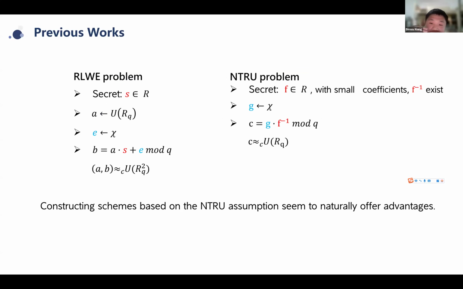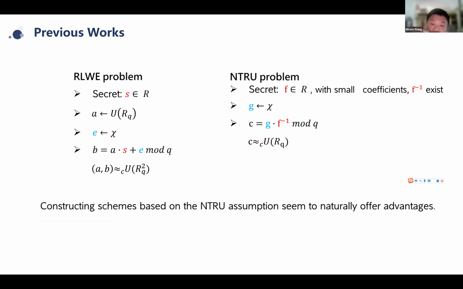Okay, let's review the ring LWE and NTRU assumptions. A ring LWE instance consists of two ring elements, where B is equal to A times the secret key S plus the noise E. And an NTRU instance consists of only a single ring element C, where C is equal to G times the inverse of F. Here, F is a polynomial with small coefficients, usually sampled from uniform ternary secret distributions.